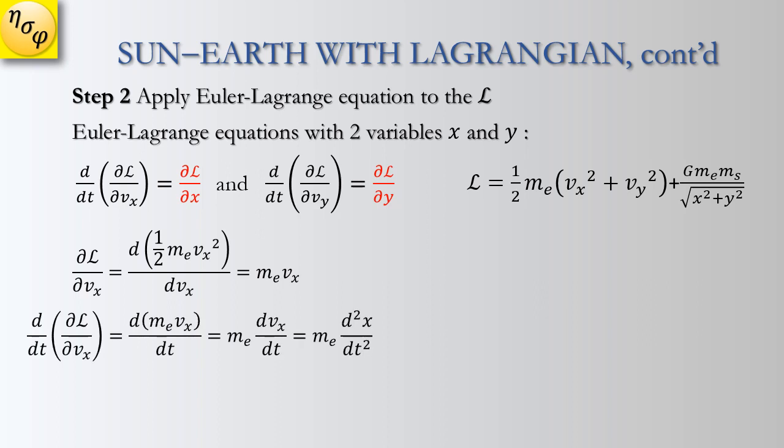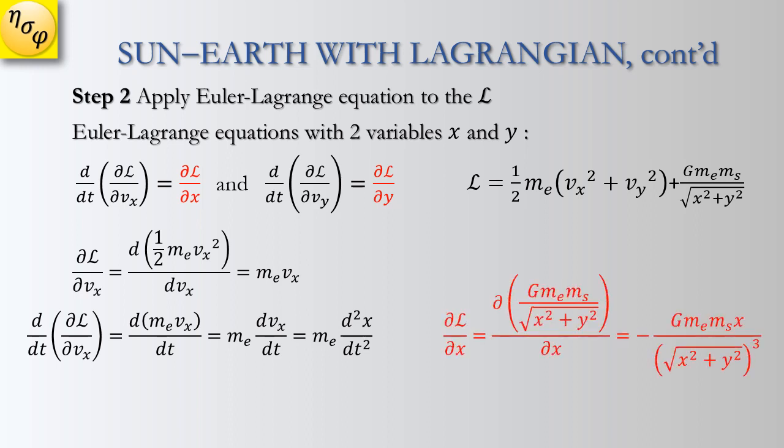And then d over dt of m_e Vx is the same as m dVx over dt, or m times d2x over dt squared. And then the partial derivative of Lagrangian with respect to x is negative G m_e m_s x over the square root of x squared plus y squared to the power of 3. And this left hand side must be the same as right hand side as shown in the screen.